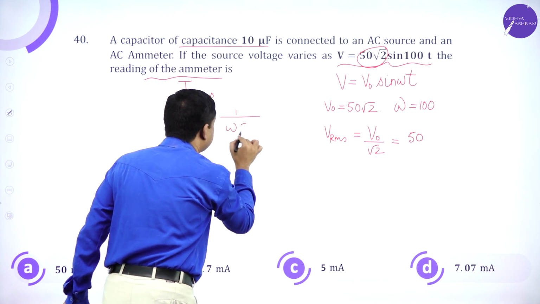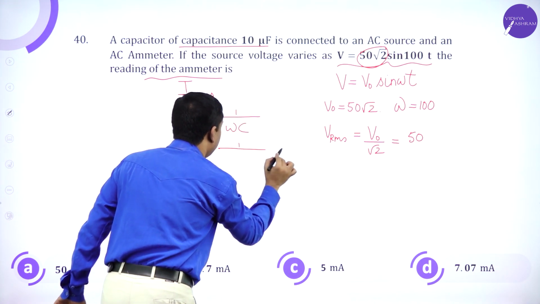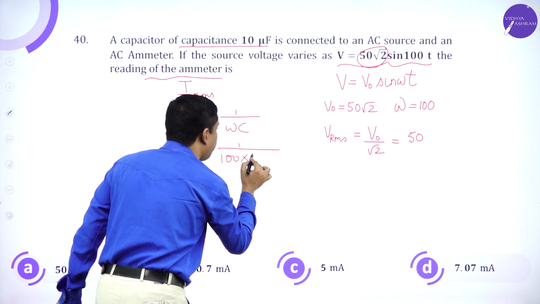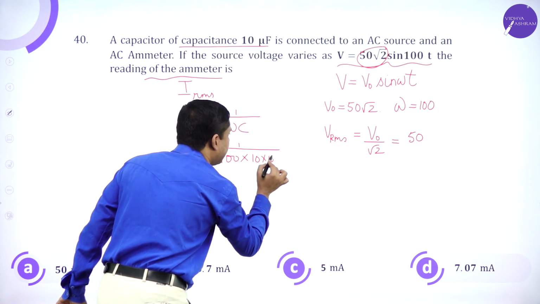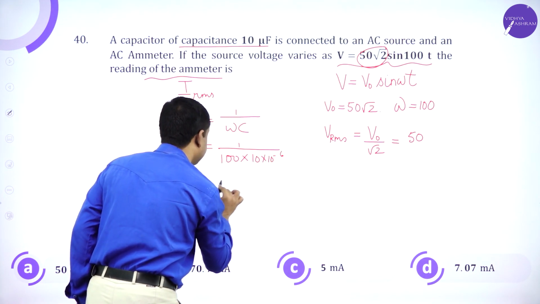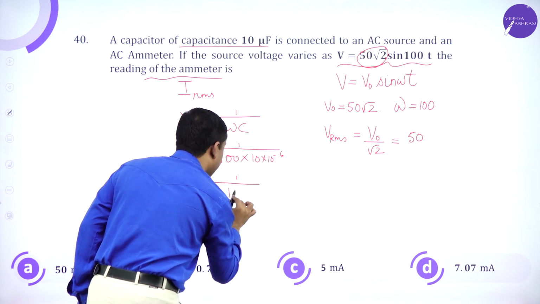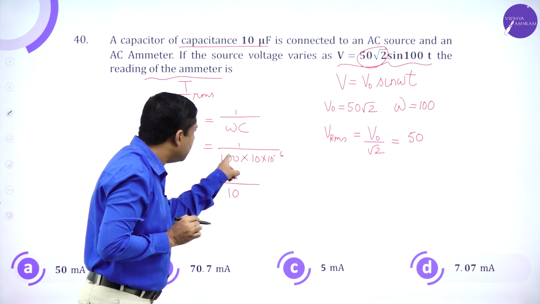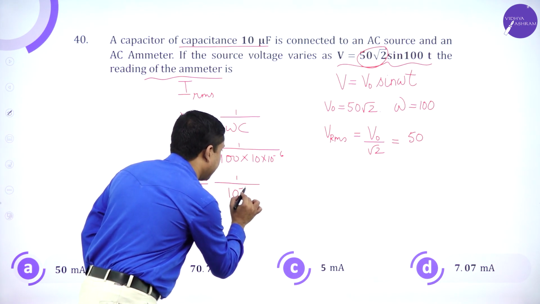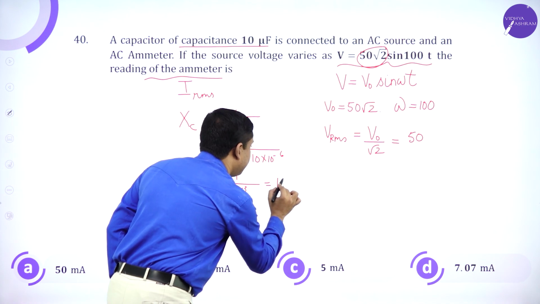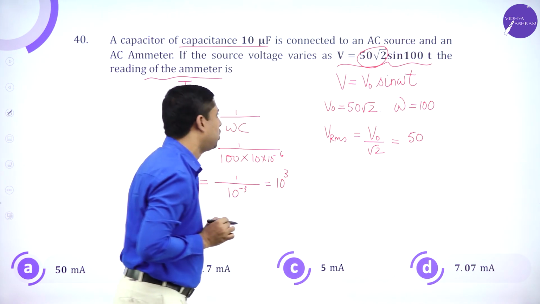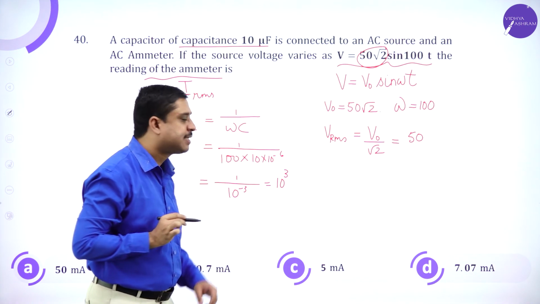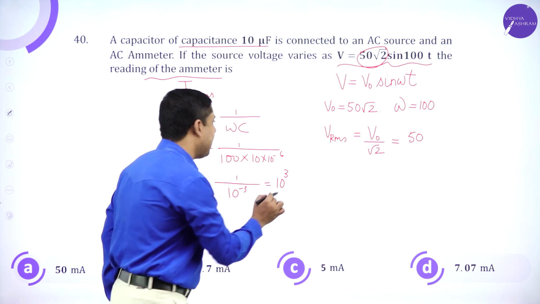XC is 1 by omega C, which is 1 by 100 into the value of C, 10 microfarad, 10 into 10 power minus 6. This is 10 power 3 ohms. So I have found VRMS, and XC is known. I want IRMS.